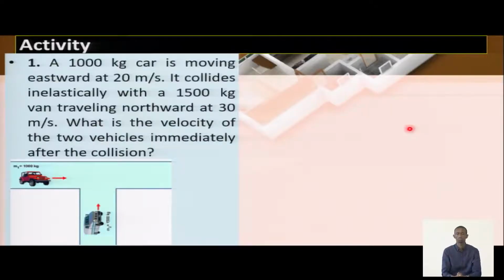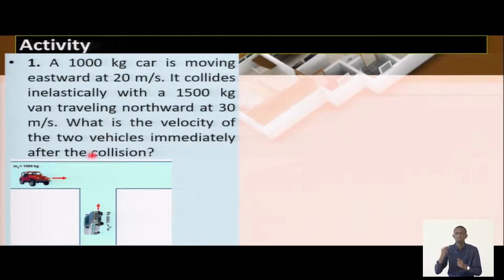So then, students, we have problem one here, and these are the cars. We have a car of 1,000 kilograms moving eastward at a speed of 20 meters per second. It collides inelastically with another vehicle, a 1,500 kilogram van traveling northward at 30 meters per second.